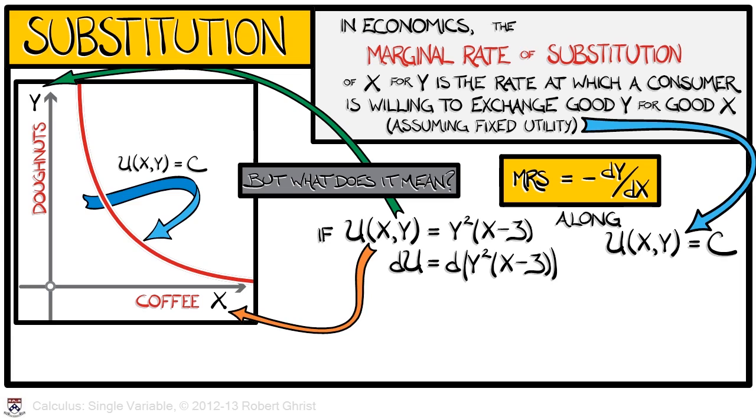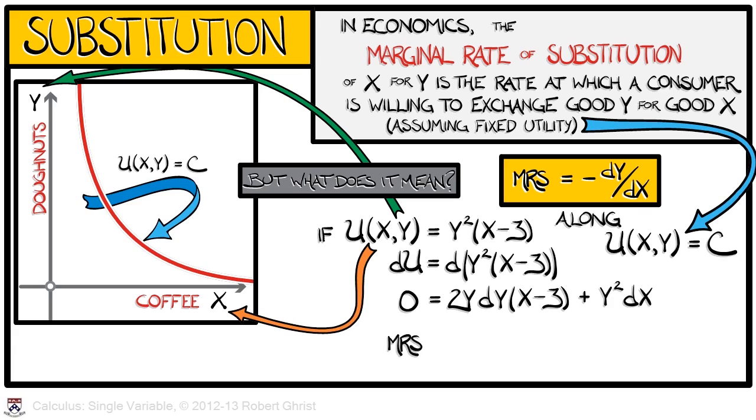Now, since I'm along a fixed utility curve, u is a constant, so du is 0. And on the right, applying the product rule, I get 2y dy times x minus 3 plus y squared times dx.